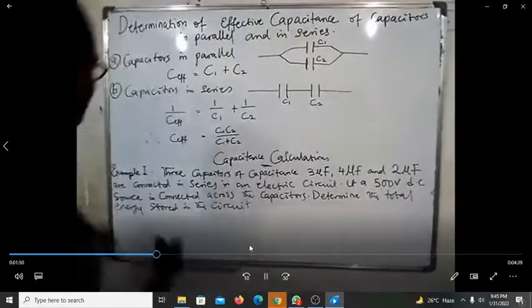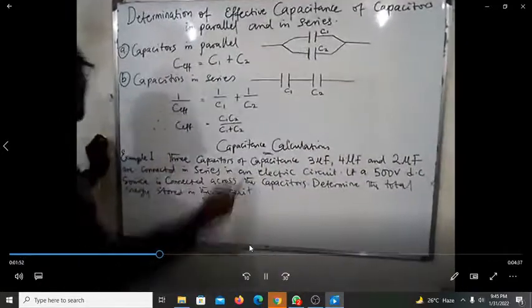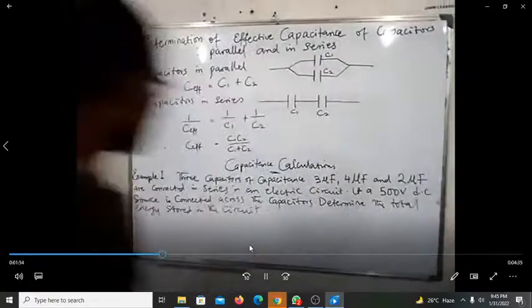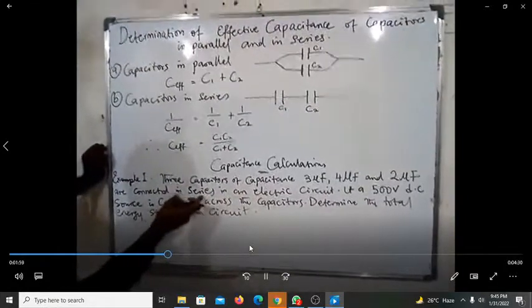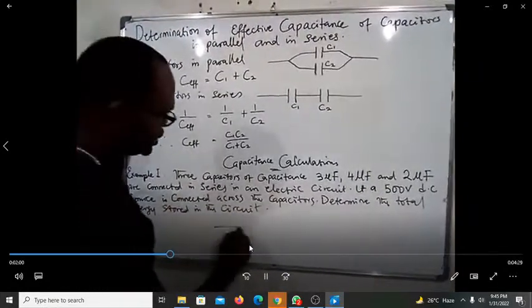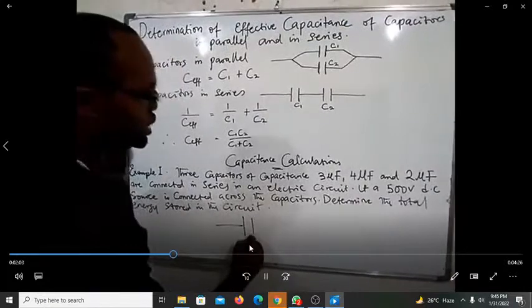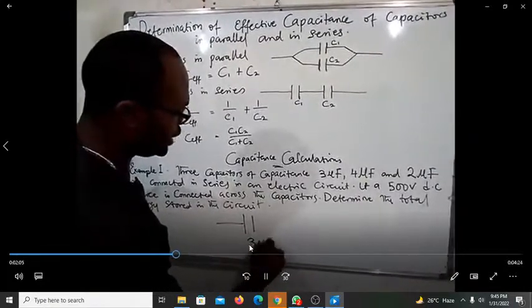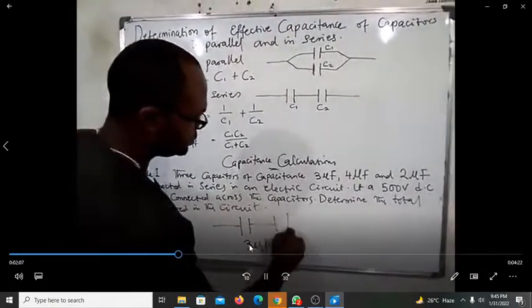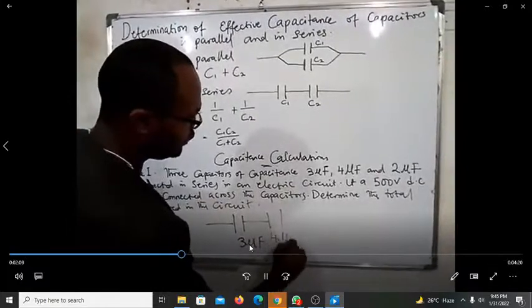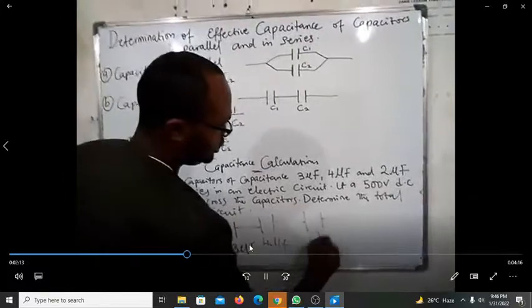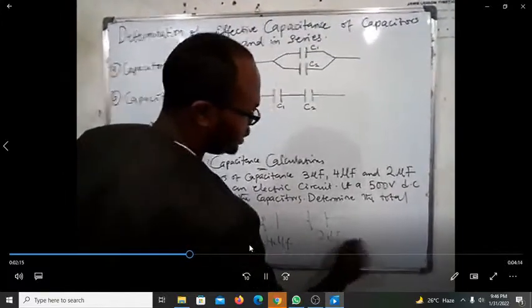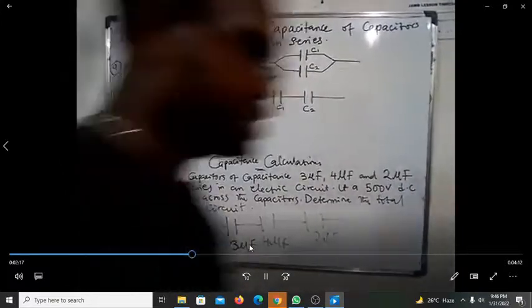Now we have in the equation, example 1. 3 capacitors are connected in series. You can see it's in series. So you're supposed to have something like this: 3 microfarad, 4 microfarad, and 2 microfarad. So they are connected in series.